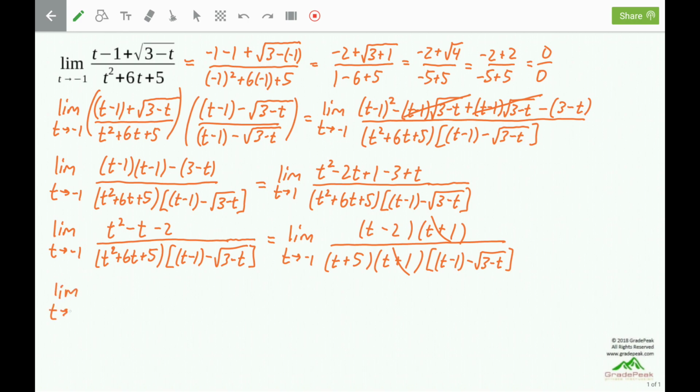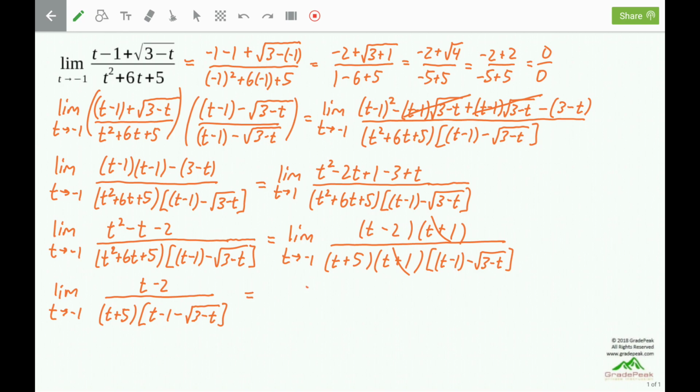And our next step becomes just rewriting what's left. At this point, we will be able to plug in the -1 for each of the t's. The parentheses around the t minus 1 aren't really necessary any longer. I'm just going to remove them.